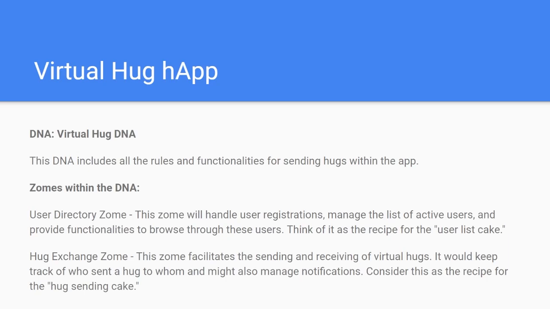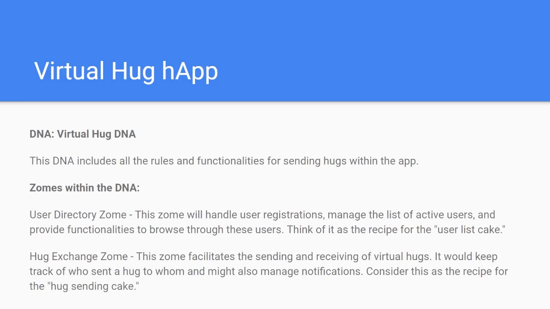And then the hug exchange zome. This zome facilitates the sending and receiving of virtual hugs. It would keep track of who sent a hug to whom and might also manage notifications. Consider this a recipe for hug sending cake.